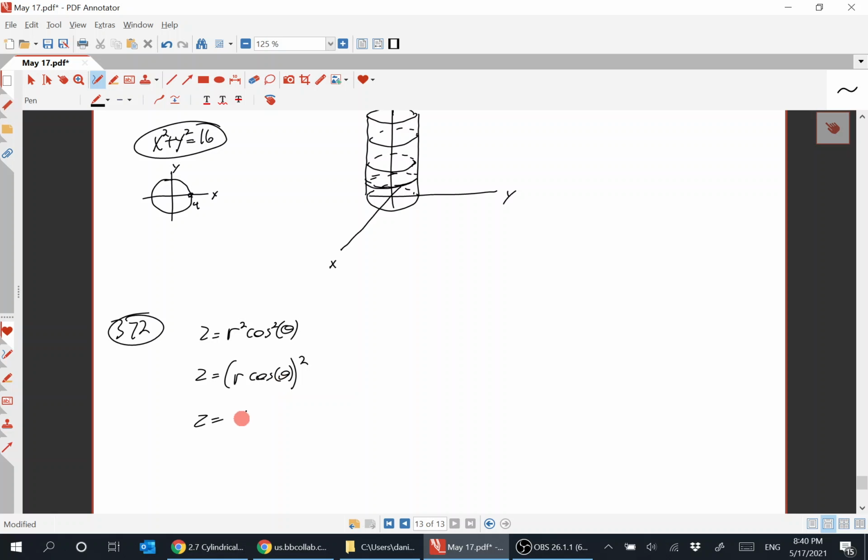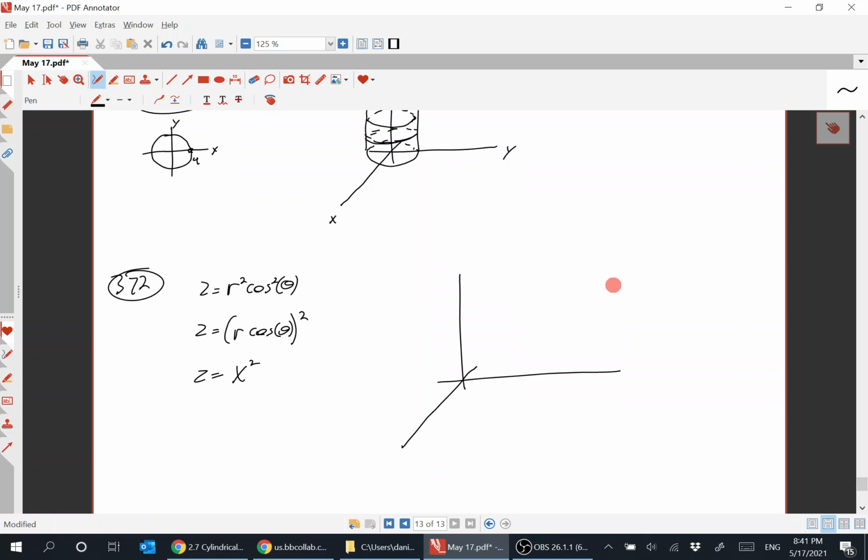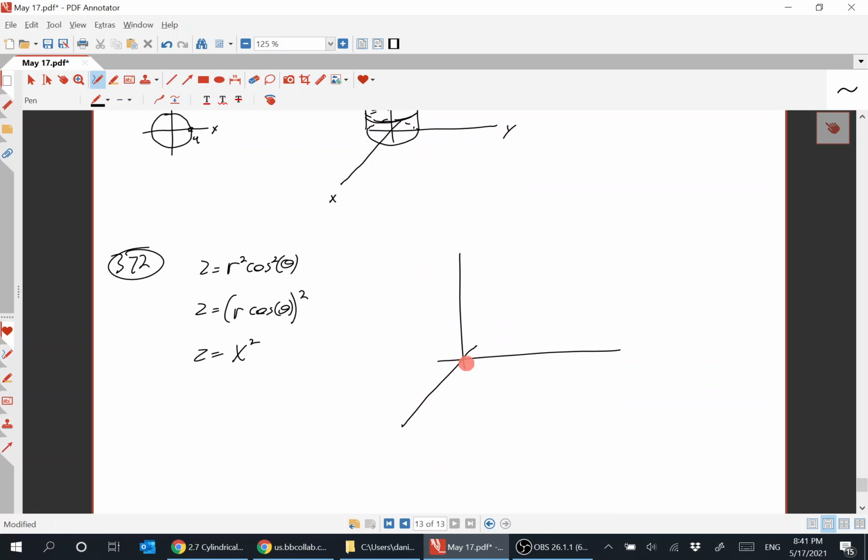But r cosine theta is just x. So you just have z equals x squared. So in the xz plane, you've got this parabola. And then you just extend that parabola.